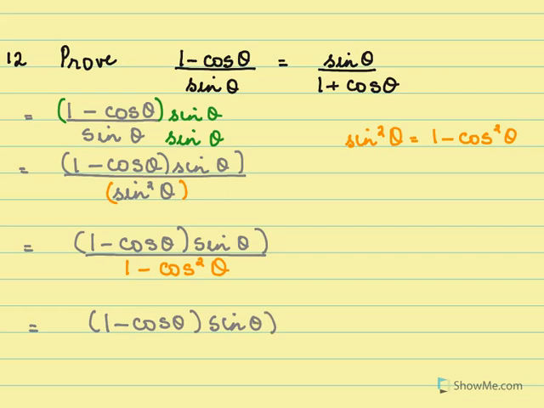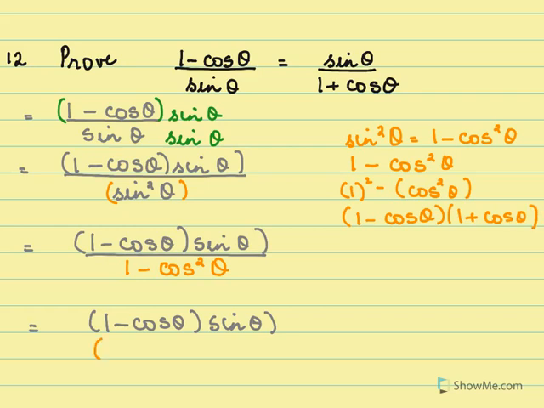Now for 1 minus cos square, I will use the formula a square minus b square, so it will be a minus b and a plus b. I'll just do it up here. So 1 minus cos square theta will be a square minus b square, so it's a minus b, a plus b. And that's exactly what I'm going to do here.